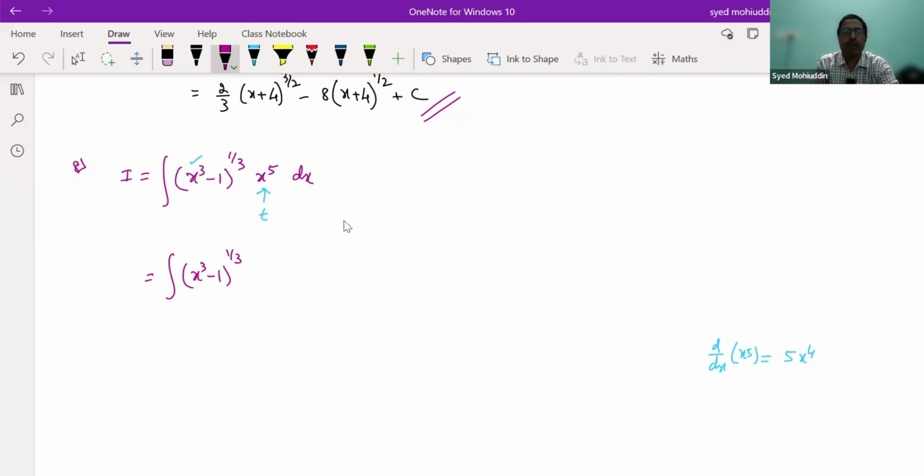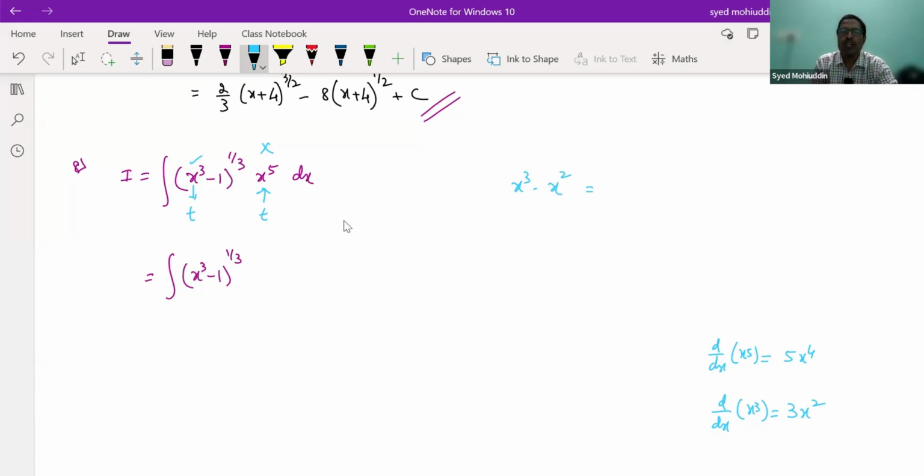But can I take x cube minus 1 as t? If I take this as t, d by dx of x cube will be 3x square, which means x square should be there here. So x cube should be there and x square should be there. Both should be there. Only then you'll be able to integrate this one.